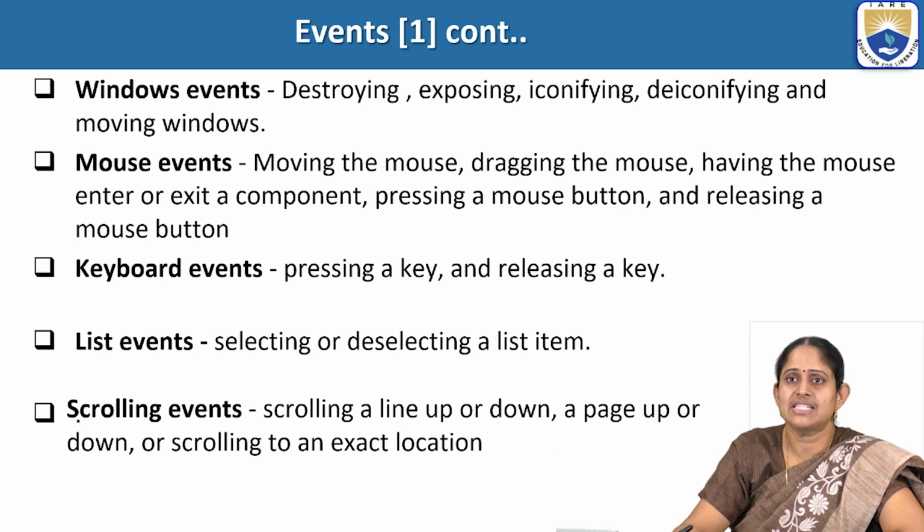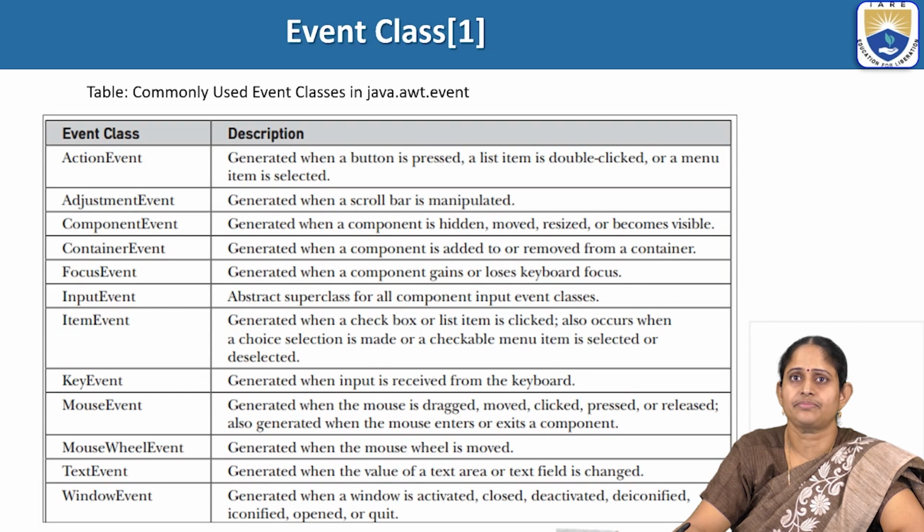Keyboard events can be created by pressing a key, releasing a key, etc. List events are caused by selecting or deselecting a list item. Scrolling events can be generated by scrolling a line up or down, scrolling a page up or down, or scrolling to an exact location.